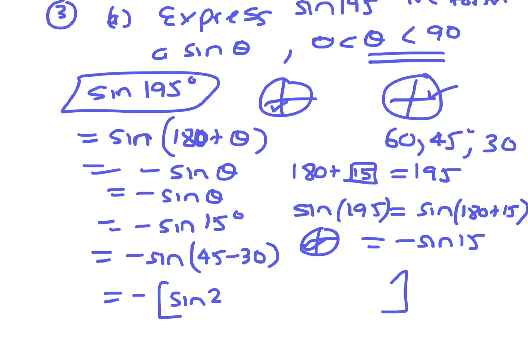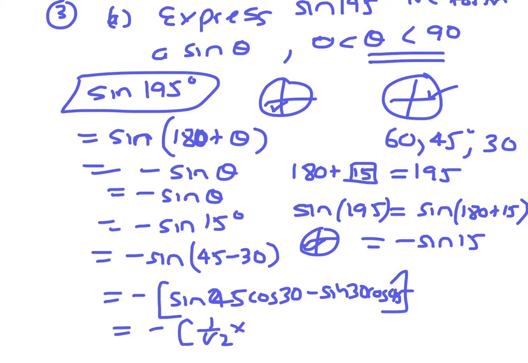So this is a sine one: sine 45 cos 30, same sign, minus sine 30 cos 45. So that's minus. Sine 45 is 1 on root 2. Cos 30 is root 3 on 2. And you could use your triangles to do this, or put it in, get a surd, square it, and then mentally square root it. Sine 30 is a half, and cos 45 is 1 on root 2.